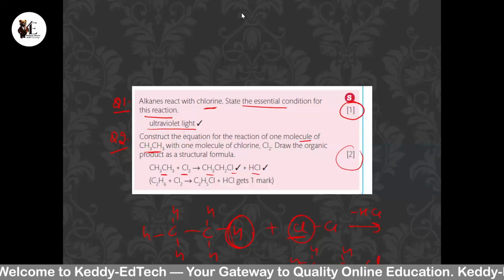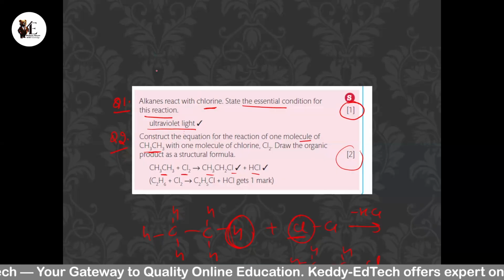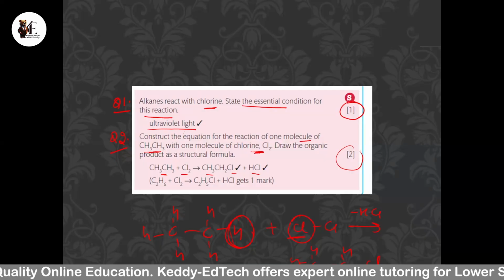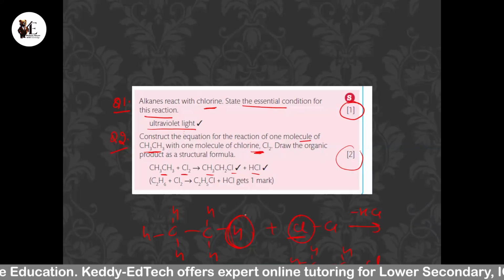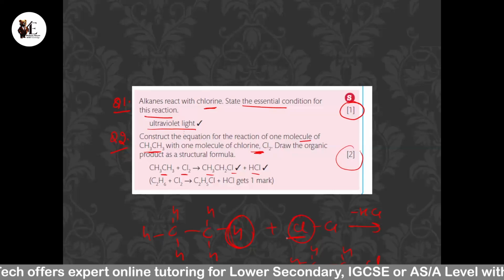So, do we always do this in every single substitution reaction? In every substitution reaction of chlorine, your HCl is removed. From the alkane, hydrogen is removed, and from the chlorine, your chlorine is removed.